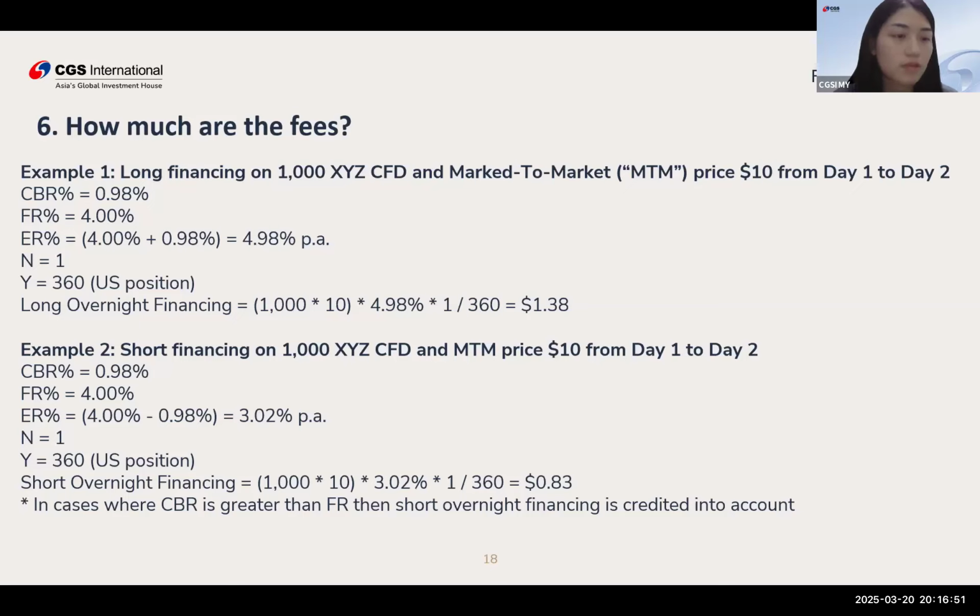Your short overnight financing will be 1,000 times 10 times 3.02% divided by 360, so the financing charge is $0.83. In the case that the central bank rate is greater than the financing rate, the short overnight financing is credited into your account, meaning you are actually earning the financing rate.